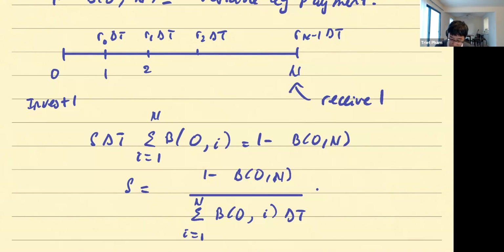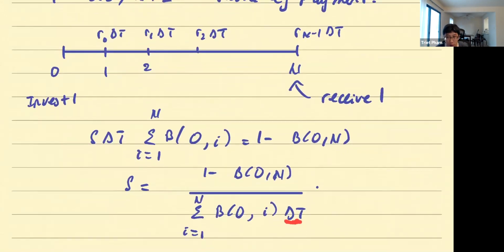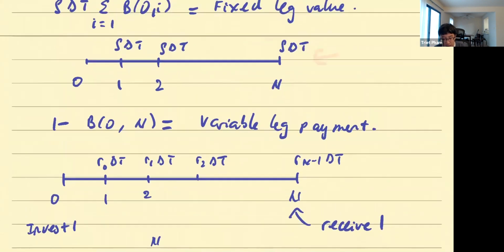So just one small remark. Putting delta T inside like this is actually more useful. The reason is, in our model, we consider a very special case where the investment periods have all equal length. In practice, it doesn't have to. You could structure an investment where, let's say, the first investment period is 3 months, the second one is 6 months, the last one is 1 month, whatever. So in that sense, each of these delta T will be different. But if you follow our argument, there's nothing that would change that.